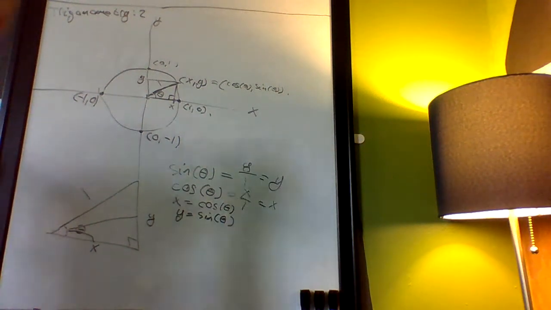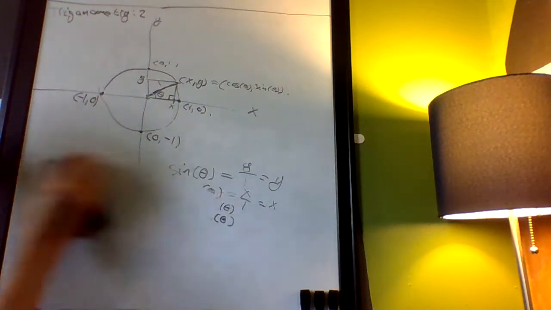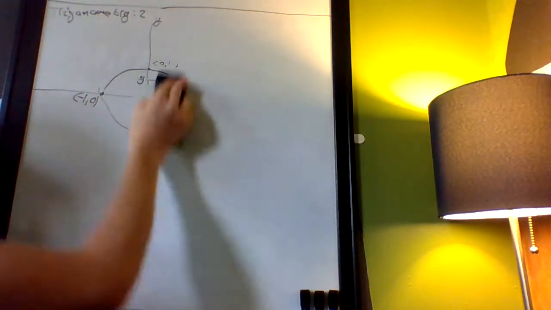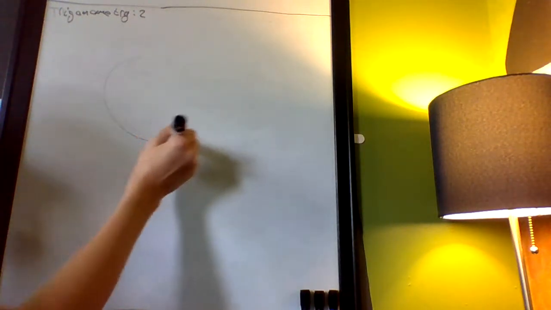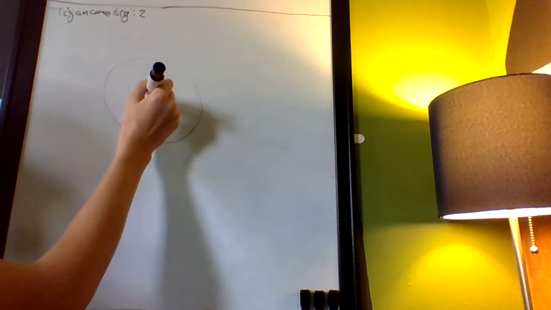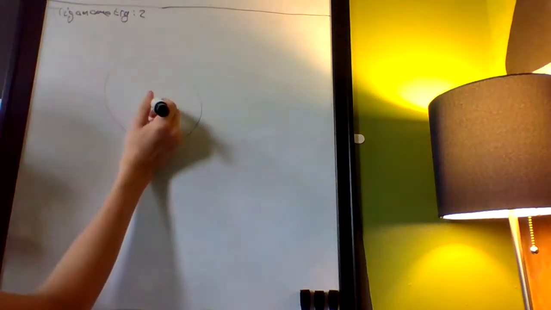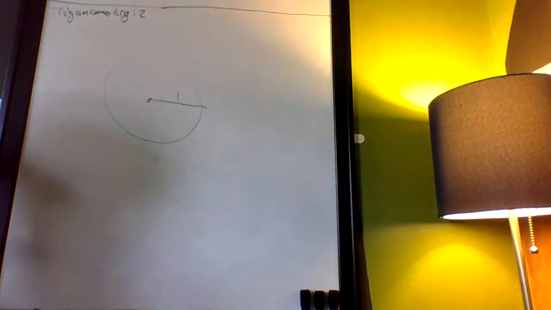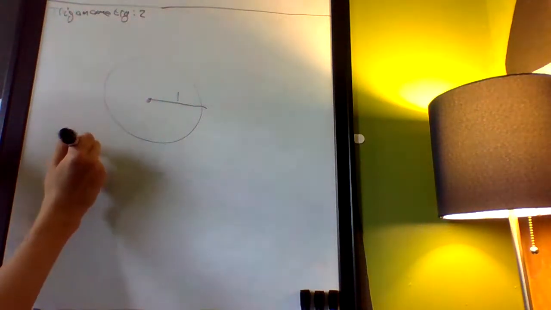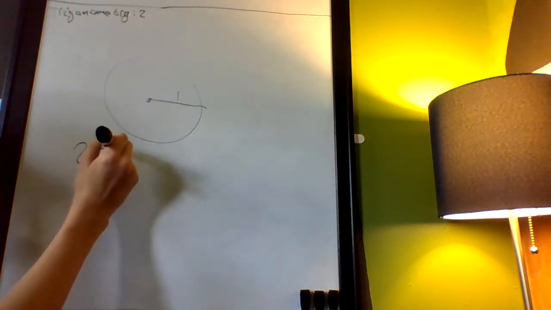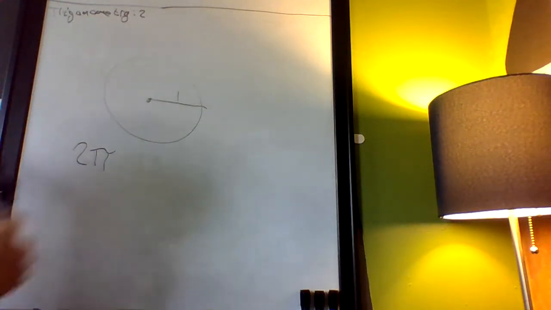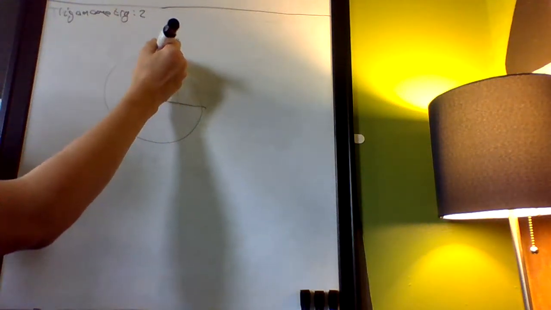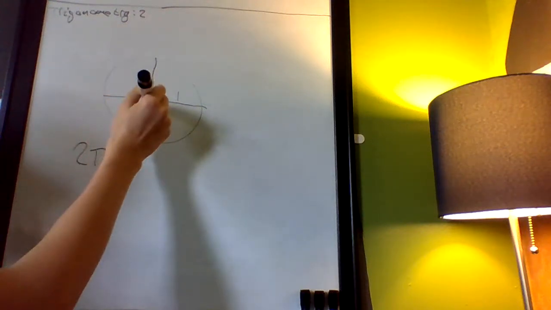So now let's look at some other things on this same circle. So I have my circle. Right now I'm not going to look at it in the plane. It has a radius of 1. That means the circumference is 2 pi. So let's divide it up into little sections, okay?